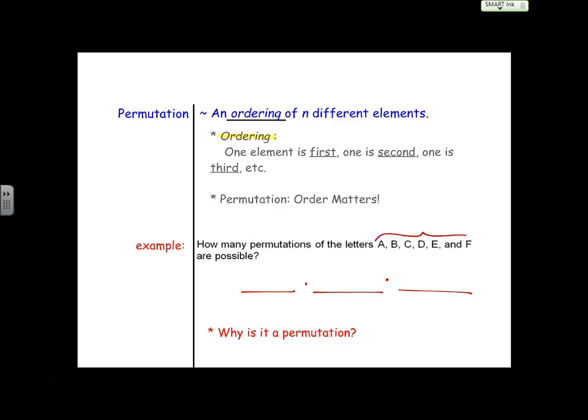If you think about all 6 of these letters, if we were to arrange these letters, imagine you had 6 Scrabble tiles, we could do this problem using the fundamental counting principle and ask, how many options could we choose for the first letter that we put down on the Scrabble board? And how many letters do we have left? 5. How many do we have left after we choose 2? 4. We could use 6P6. And that's what we're going to develop tomorrow, how one applies to the other.